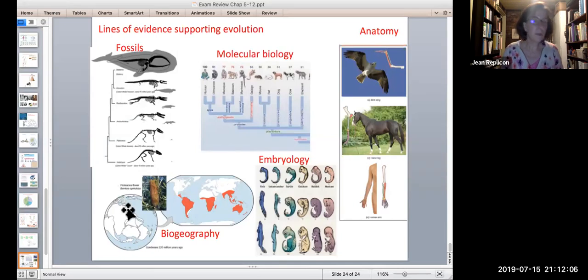Biogeography is when the best explanation for the distribution of organisms is the movement of tectonic plates. Remember the big picture here. These countries were at one time adjacent to one another, and they all carry this type of plant, this protea flower.